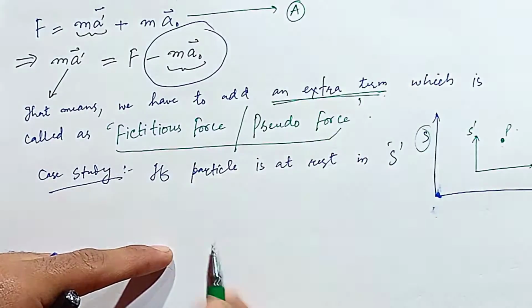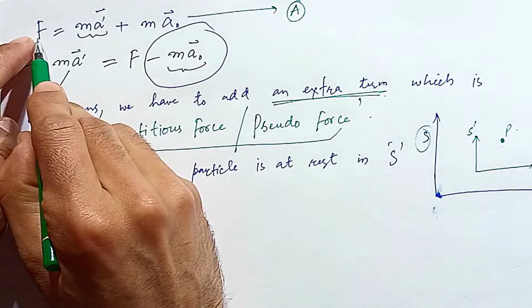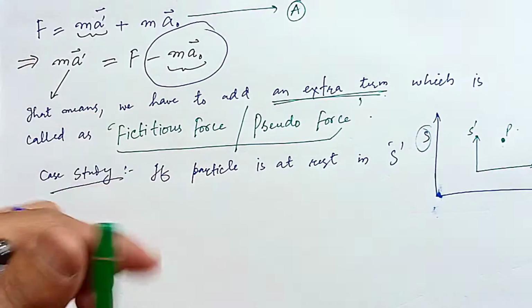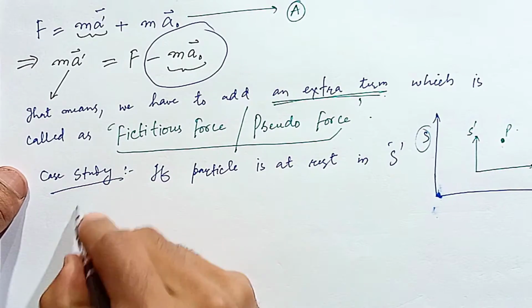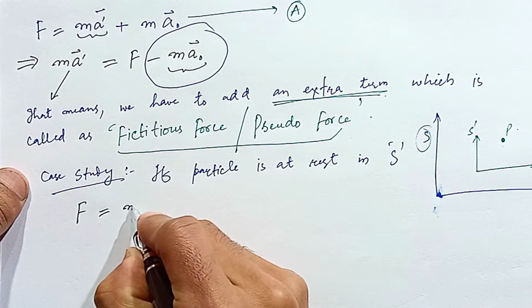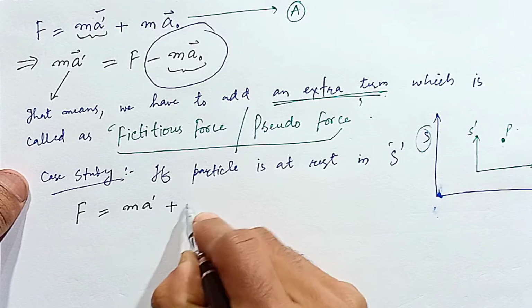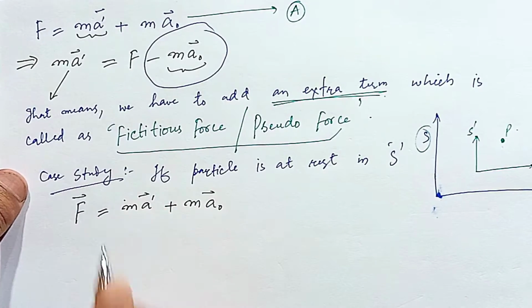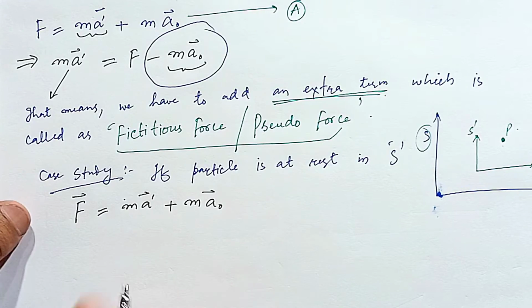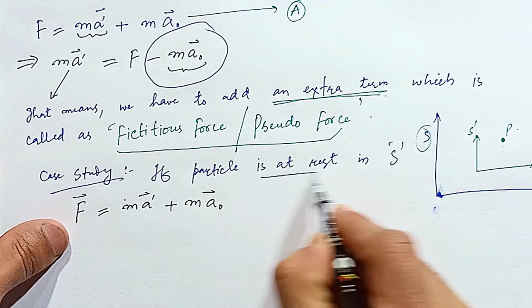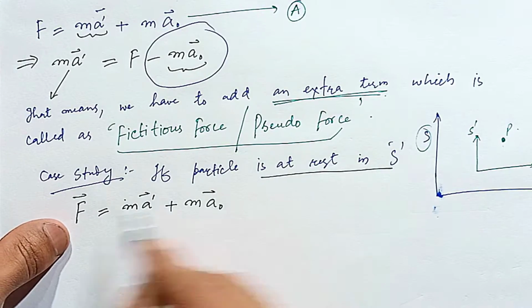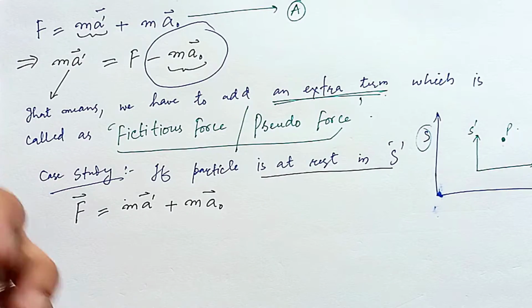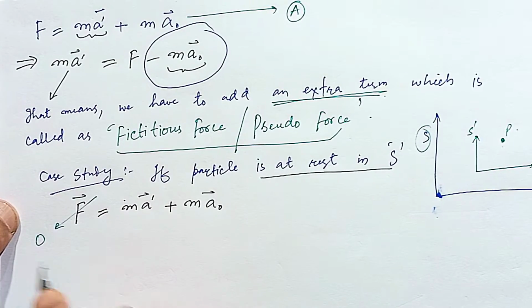That is here, this equation A. So F will be equal to 0. Applying this equation, we know F is equal to m times a prime plus m times a naught. These are all vectors. We know the particle is at rest with respect to the frame of reference S, that means this force is 0.